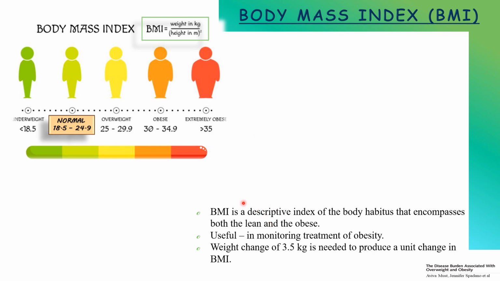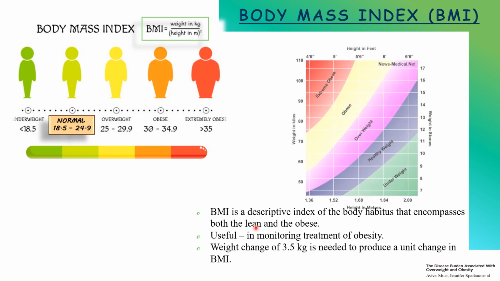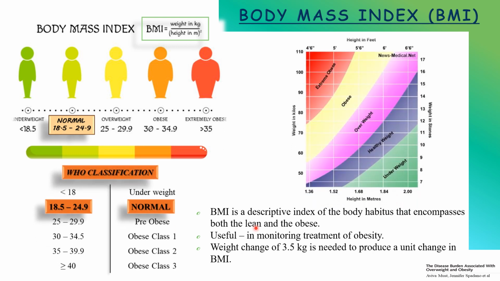So BMI is just an indicator of a person's total body fat. It gives you a descriptive index of the body's habitus, and it helps us to categorize people ranging from both lean to obese. So it becomes simpler for us to monitor the treatment in obesity.